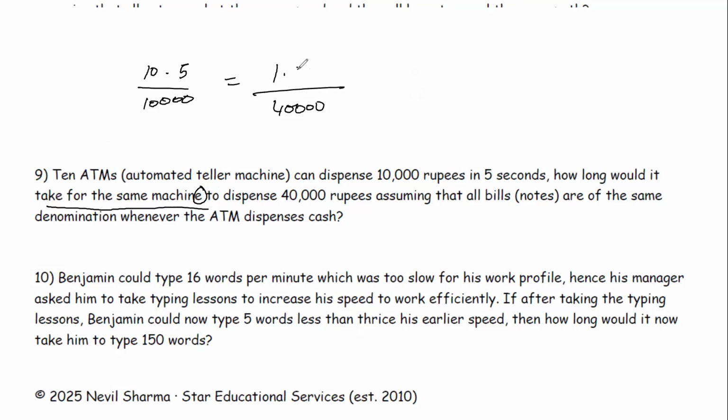How long will it take? Right. So D2 is what we need to find out. Therefore, D2 is 40,000 into 10 into 5 upon 10,000. So the four zeros cancel out. So it is 250 seconds. Sorry, 200 seconds. All right.